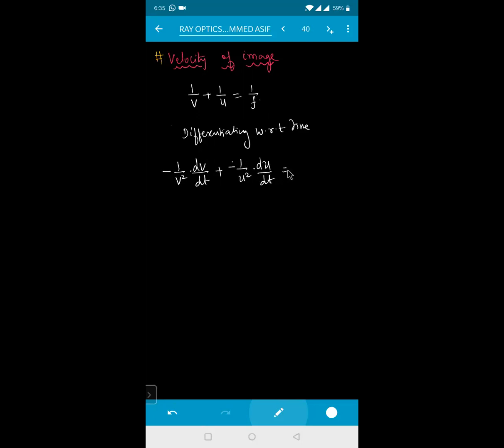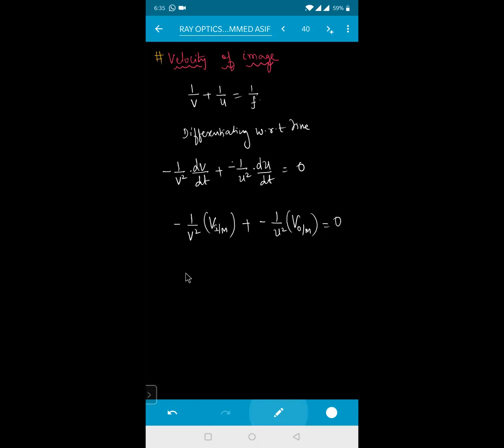Focal length is a constant, so differentiation of this will become 0. So this will become 1 by V square into, V is image distance, distance by time is nothing but velocity of the image with respect to the mirror, plus this will be equal to minus 1 by U square into velocity of the object with respect to the mirror.